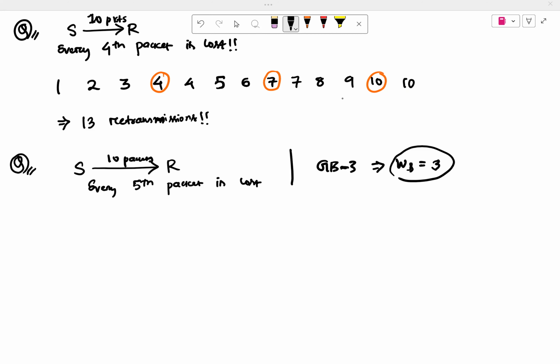30? No, I don't think there should be so much number. It's saying fifth packet, not fourth packet. You can check that. It's saying fifth packet.